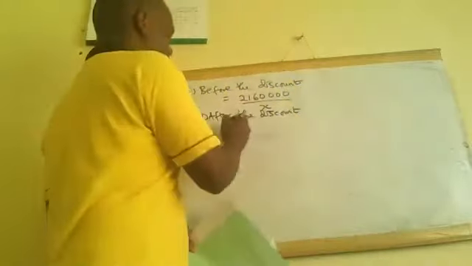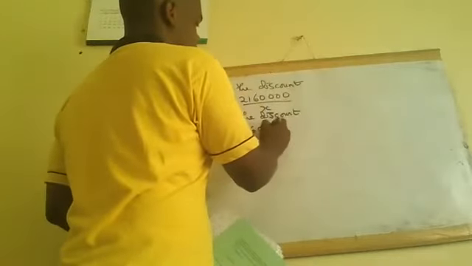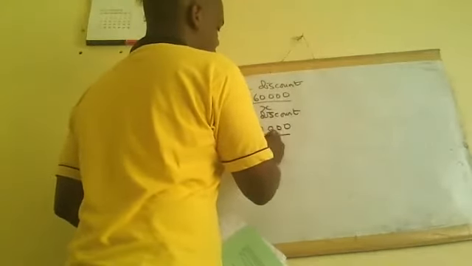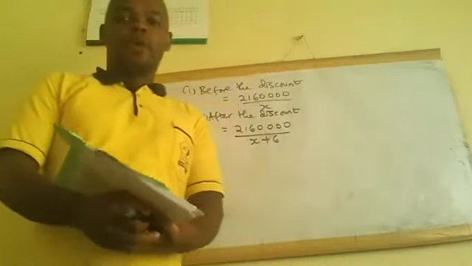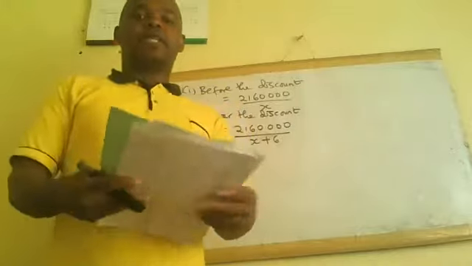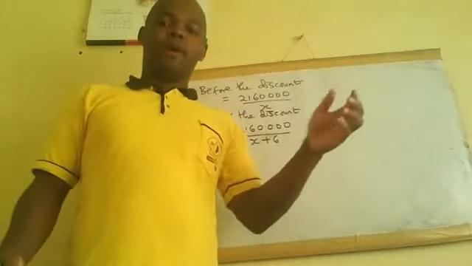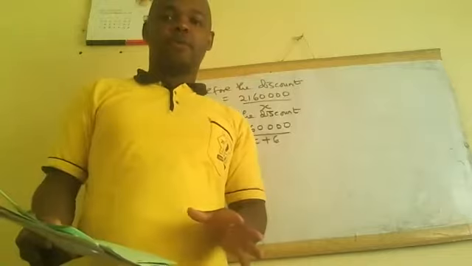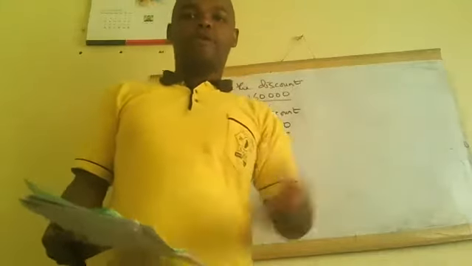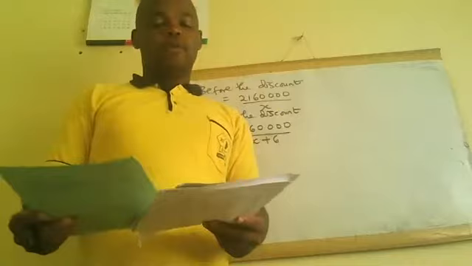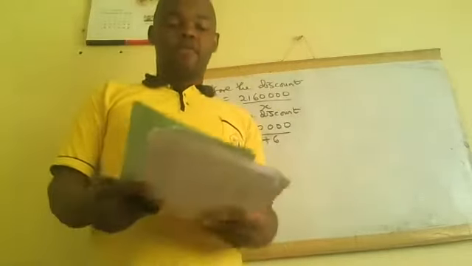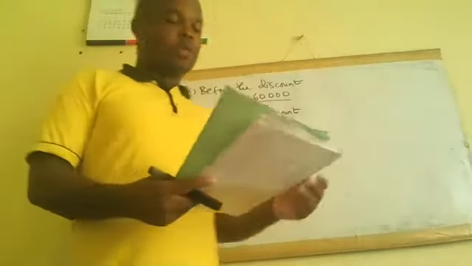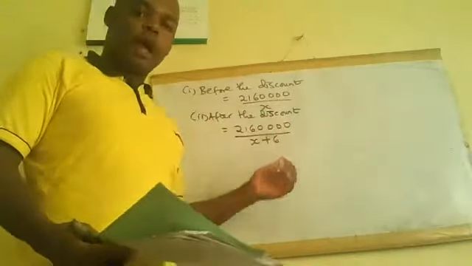So the cost after the discount will be 2,160,000 over x plus 6. Remember, there is a similarity between this problem and the other problem, and most of the questions are of that nature. They are formed the same way. So that is the expression, the cost of a laptop before the discount and after the discount.